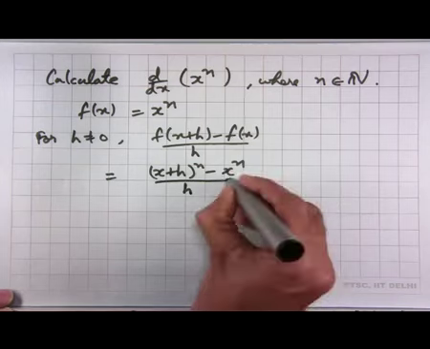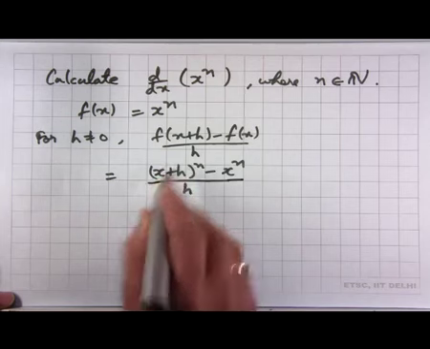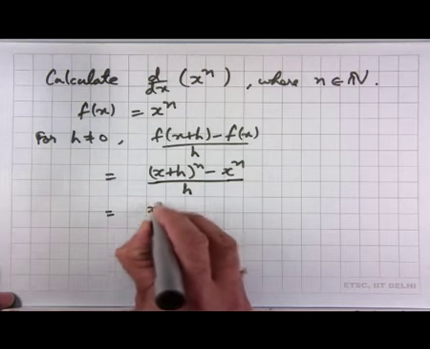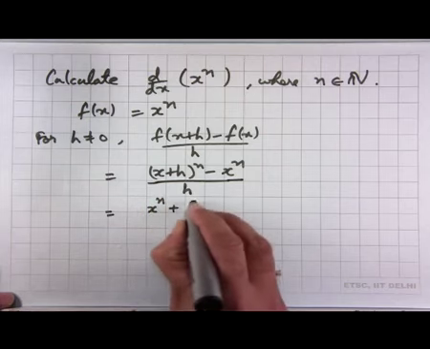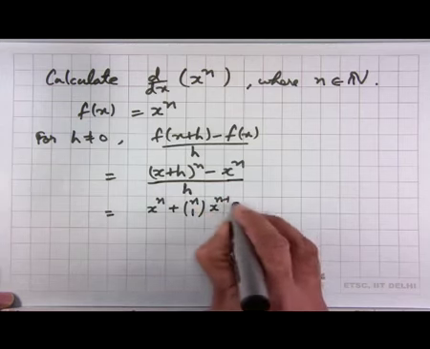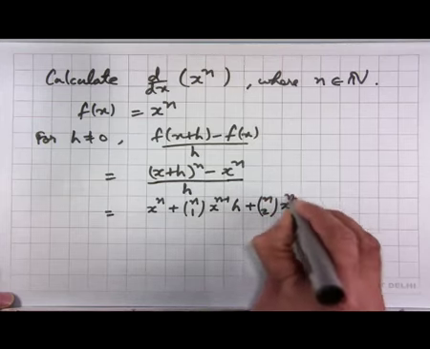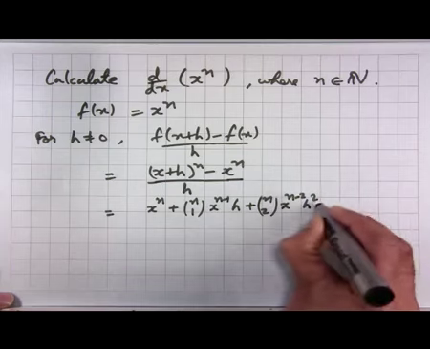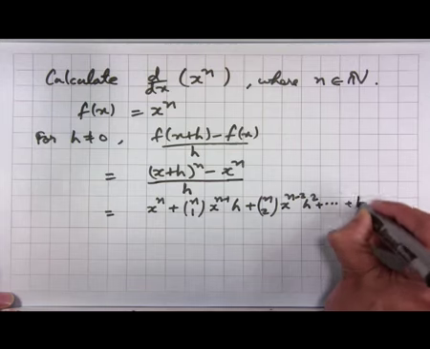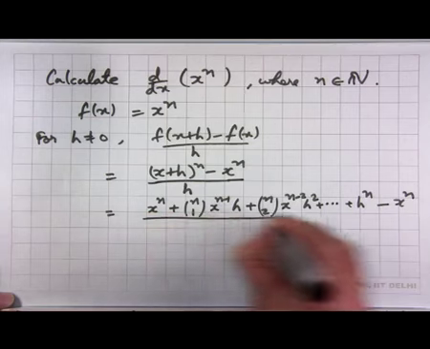and if you have seen the binomial theorem, then x plus h to the n we can write as x to the n plus n choose 1 x to the n minus 1 times h plus n choose 2 x to the n minus 2 h square, and so on till the last term is h to the n, and then minus x to the n divided by h.